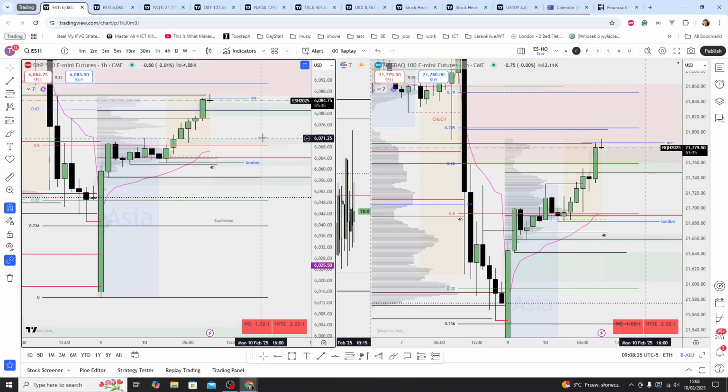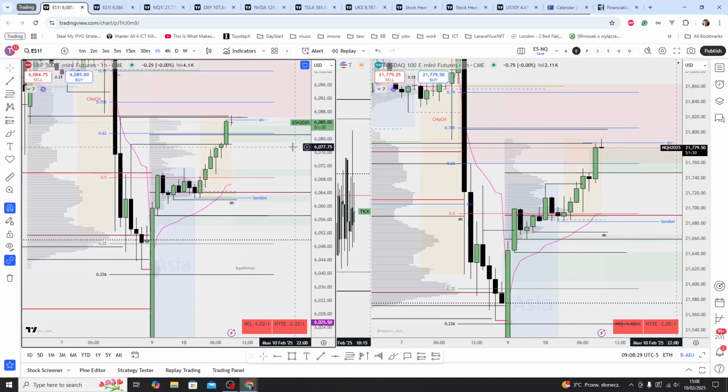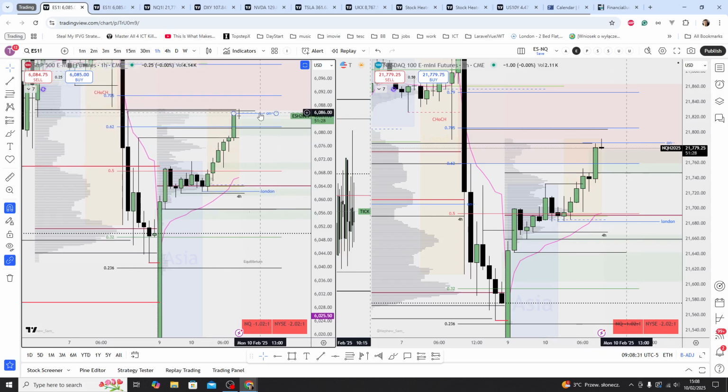Okay. So that is my plan for today's open, to look for a short and take that short somewhere into this London on Nasdaq. This is 80, it's going to be 100 points.